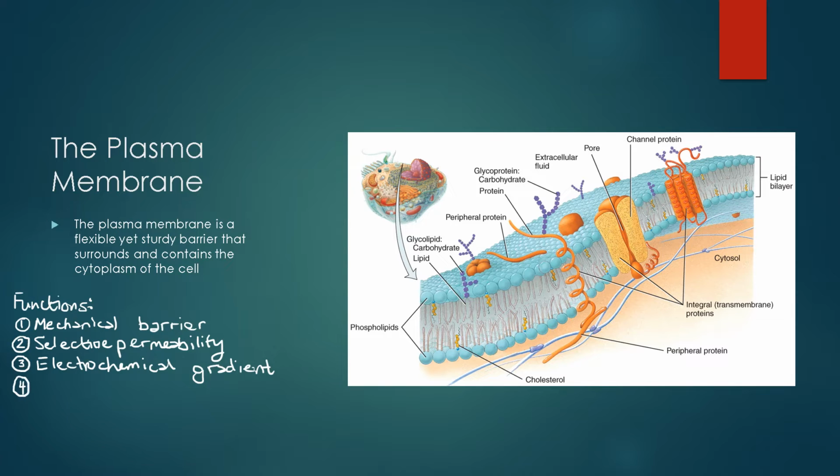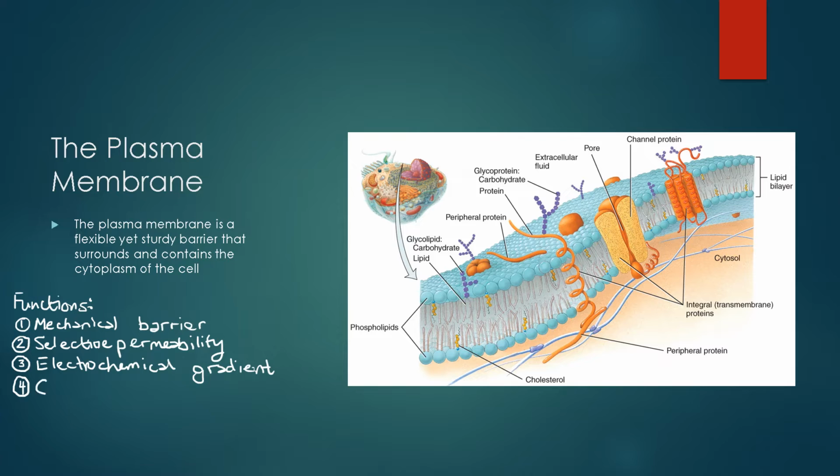Electrochemical gradient just means that it can maintain differences in concentrations of ions and molecules on either side of the membrane. So it can maintain a higher concentration of sodium ions, for example, outside the cell than inside the cell. So it has kind of a gradient across the membrane.